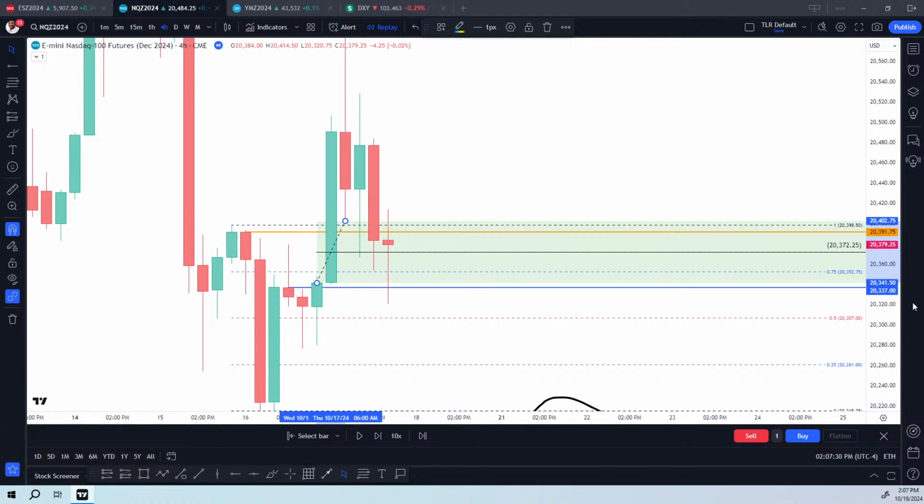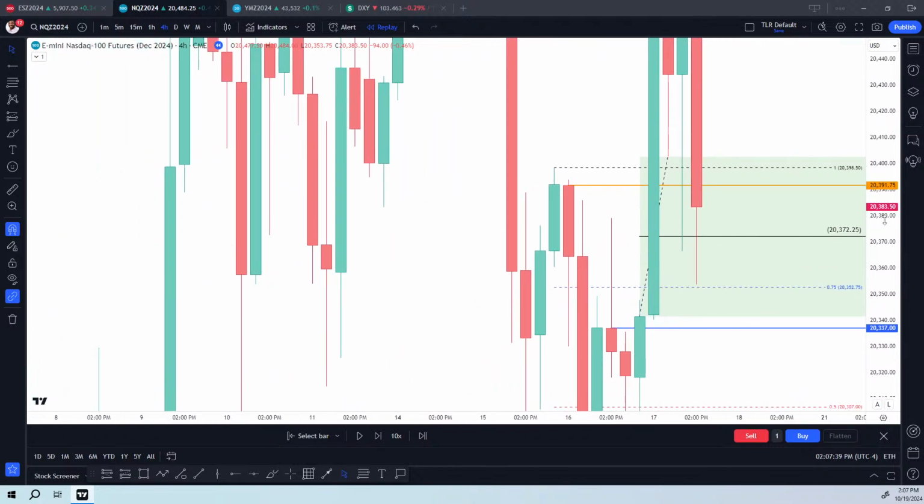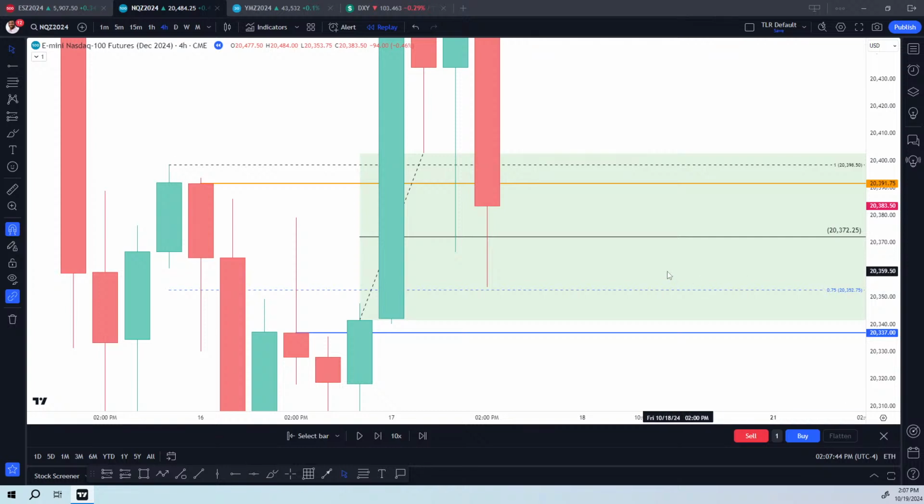Now, at this point right here, there are the ones we already annotated.